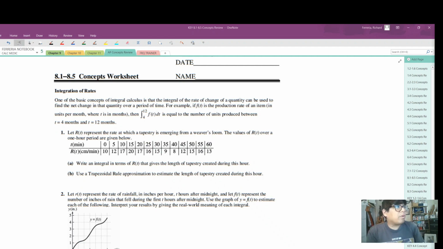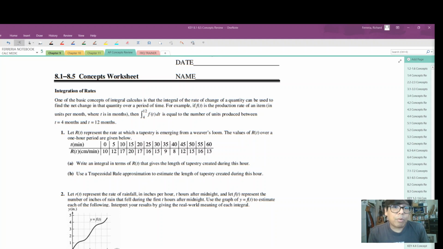Okay, a quick read through here. One of the basic concepts of integral calculus is the integral as a rate of change of a quantity. It can be used to find the net change in a quantity over a period of time. For example, if f of t is a production rate of an item in units per month, where t is in months, then the integral from 4 to 12 is equal to the number of units produced between t equals 4 months and t equals 12 months.